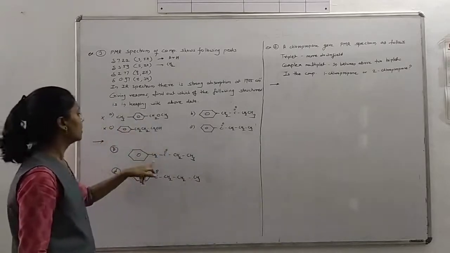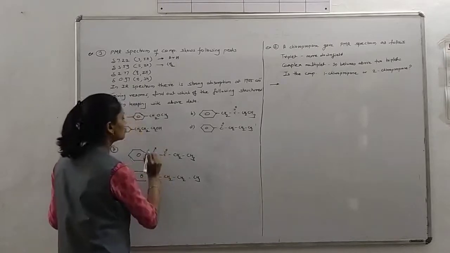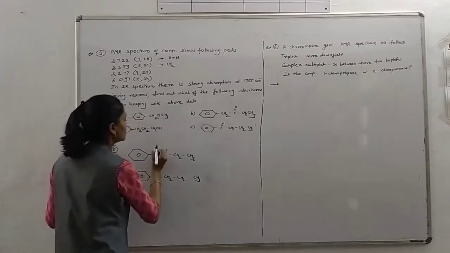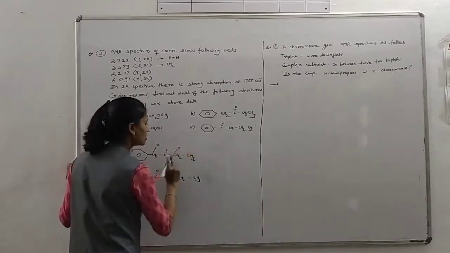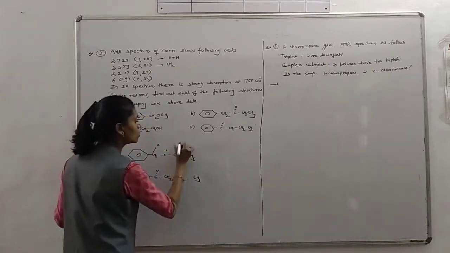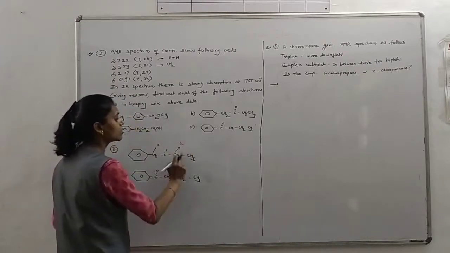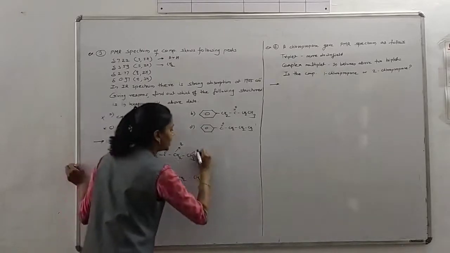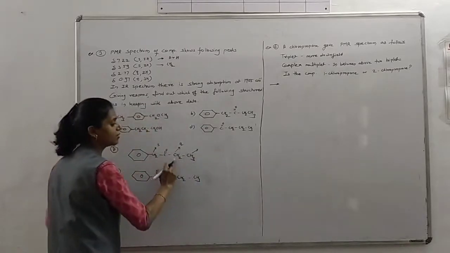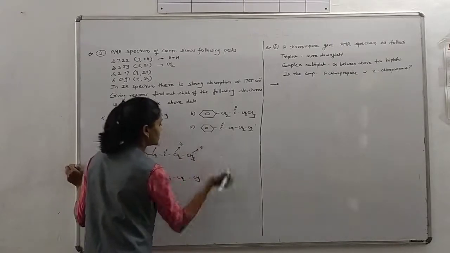This CH2, these 2 protons, gives a singlet. These 2 protons give a quartet, since the adjacent 3 protons are present, so 3 plus 1 is 4, that means a quartet. And this CH3 gives a triplet because of the adjacent 2 non-equivalent protons.